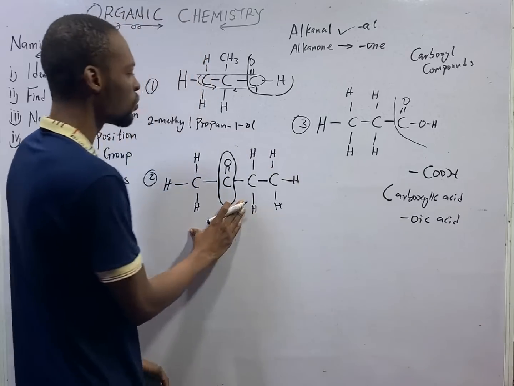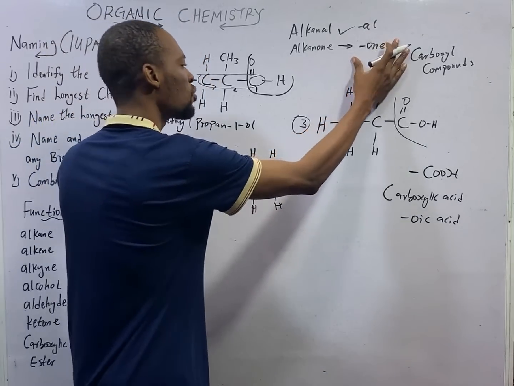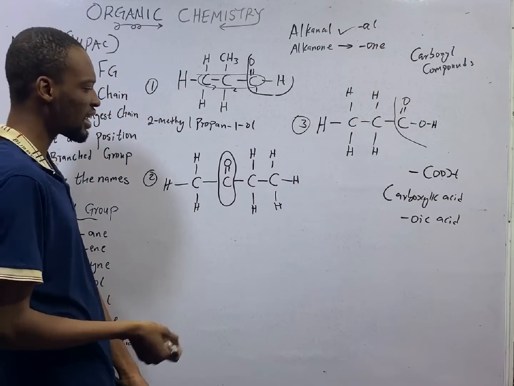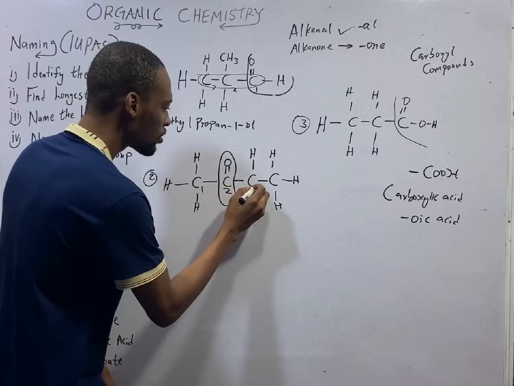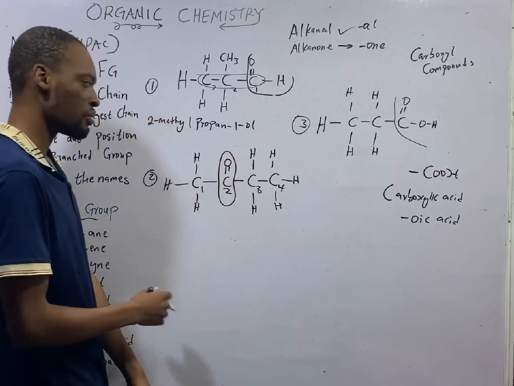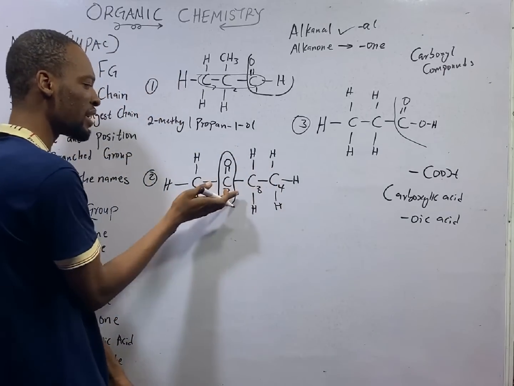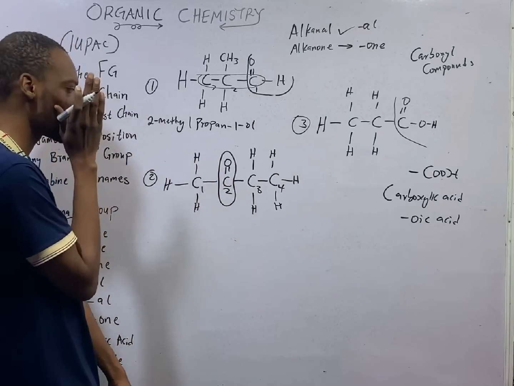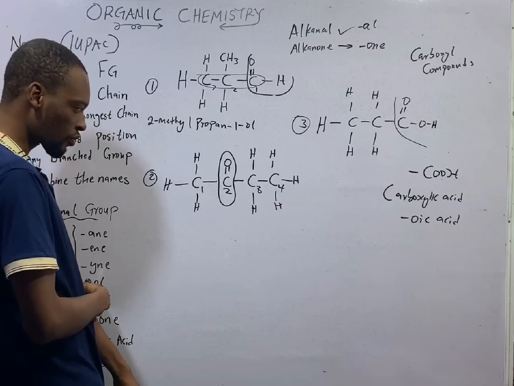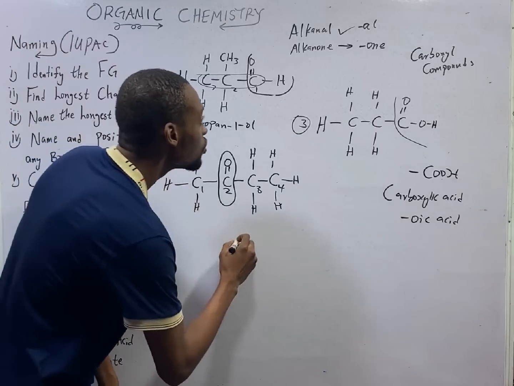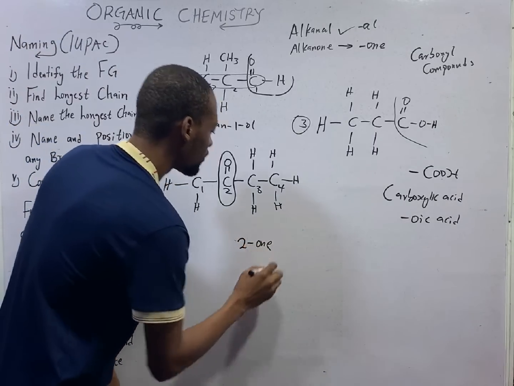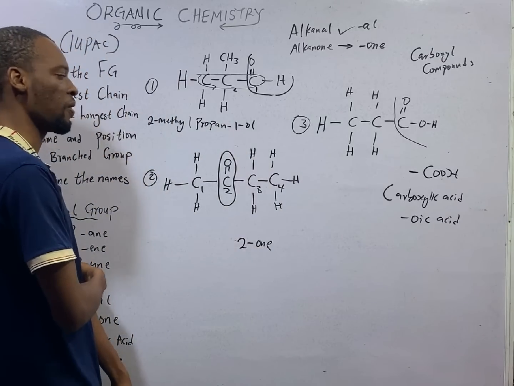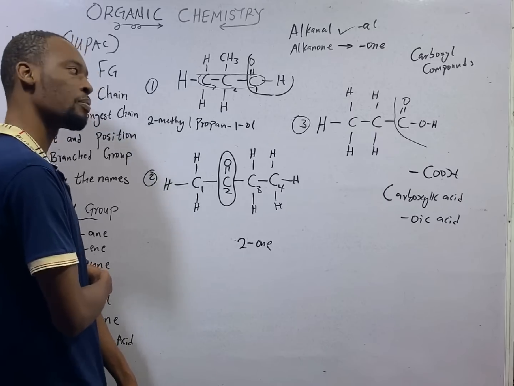For here, we know that the suffix is ol, that is the functional group, and the longest chain has to be 1, 2, 3, 4. Because if we start counting from here, here will be carbon 3, and that is giving the functional group the bigger number. So 2-ol. The longer chain is but, and that is the parent.